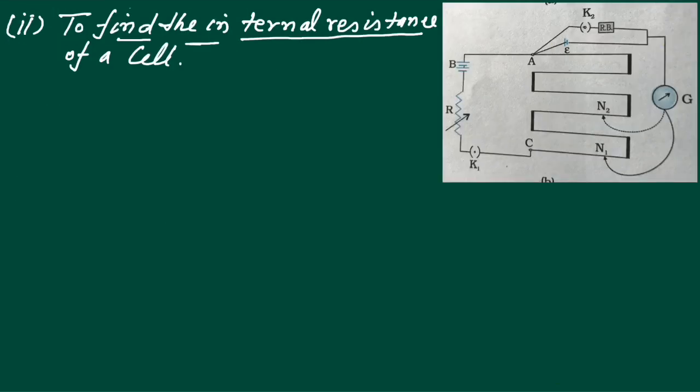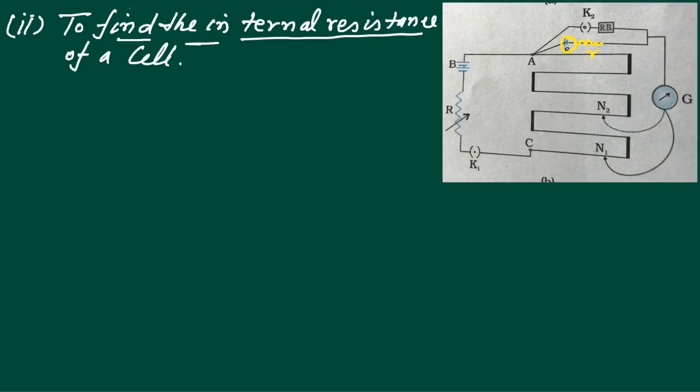The second application of potentiometer is to find the internal resistance of a cell. For this, the cell of EMF E is connected to a resistance box along with a key K2. The internal resistance of this cell is small r, which we have to find.